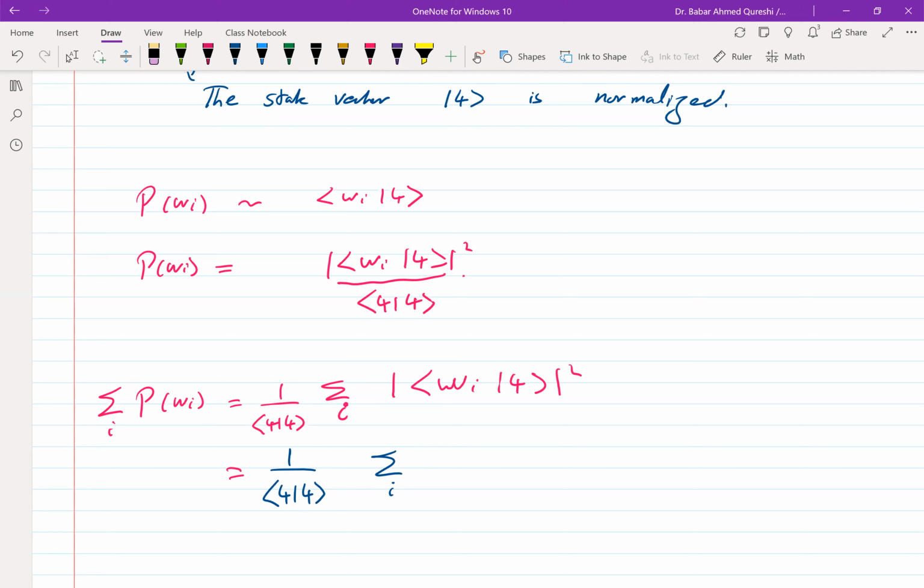This mod square, you can write it like this. Psi star omega I psi.